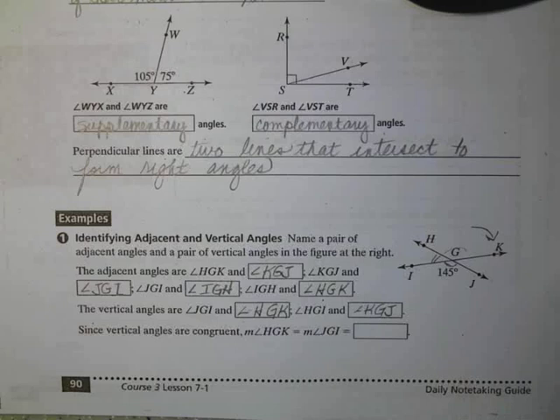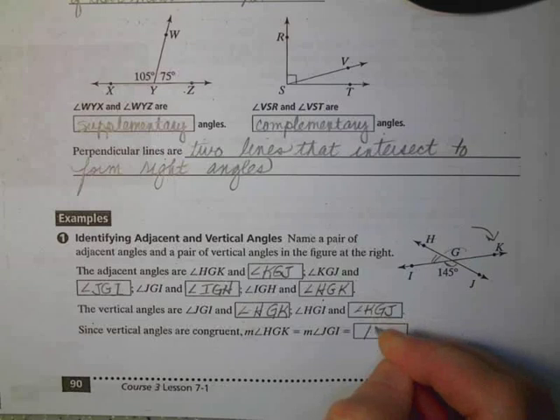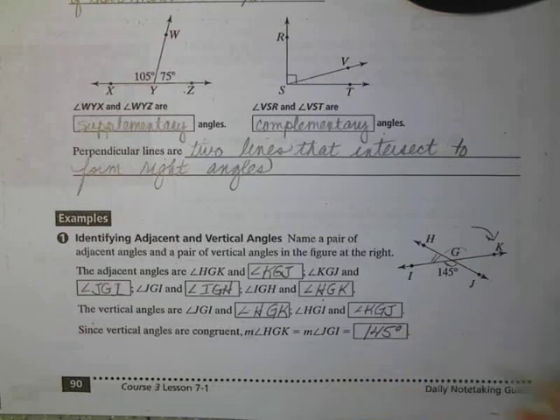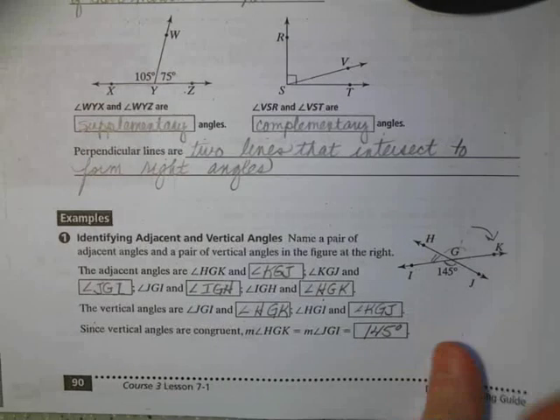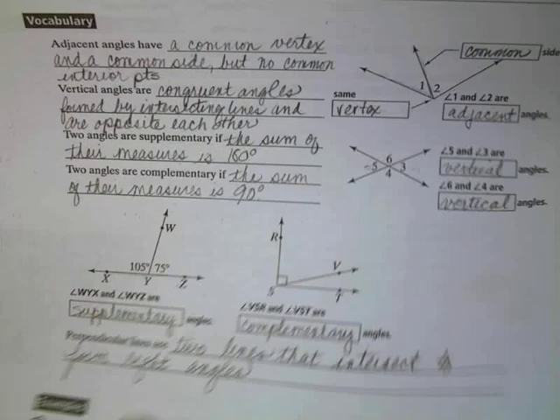Remember, you do want to use your angle symbol. Since vertical angles are congruent, the measure, the little m means measure, of angle HGK is equal to the measure of angle JGI, which is equal to 145 degrees. So these two angles right here, each of those measures 145 degrees. All right, let's move on.